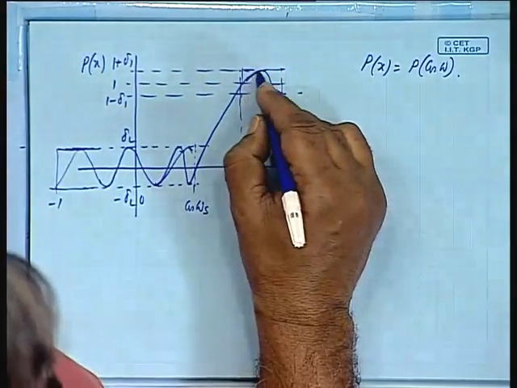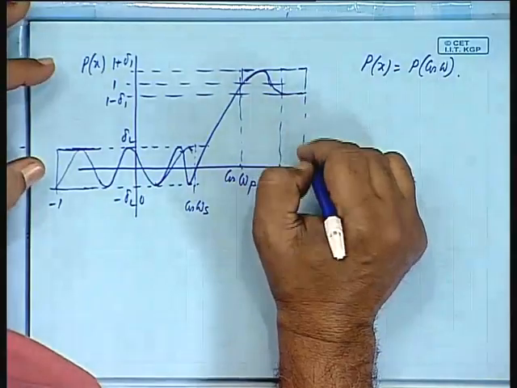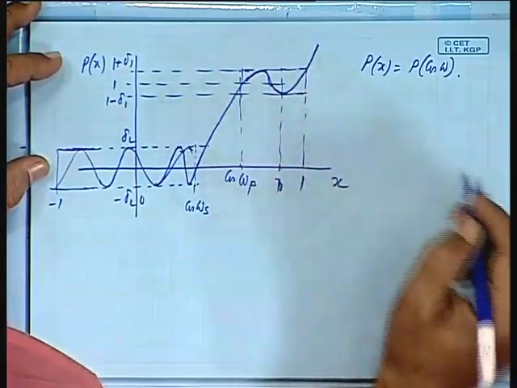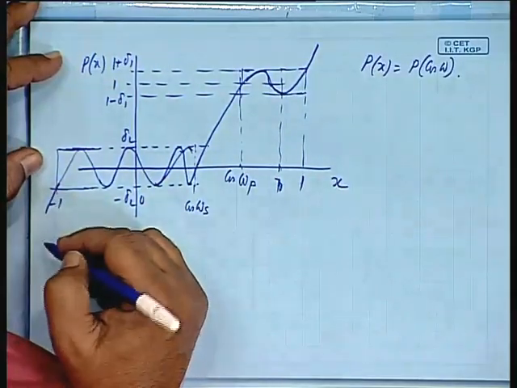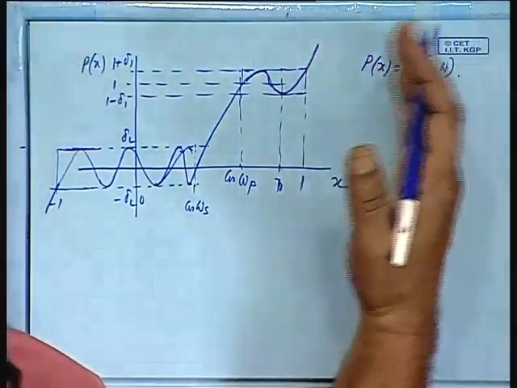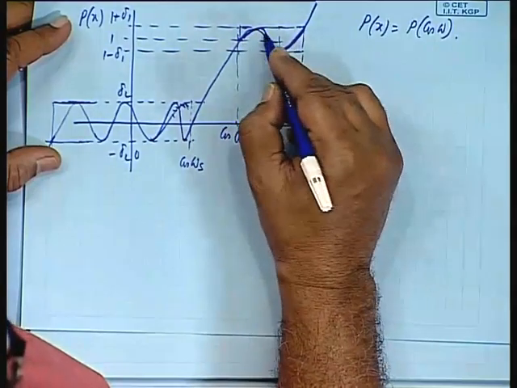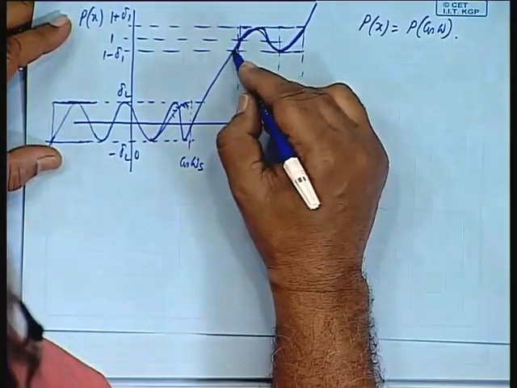Let this be 1 here, going up, and this will be going down. If you remember the Chebyshev polynomial we discussed, beyond this range it will be going up. So, this is how Px varies.